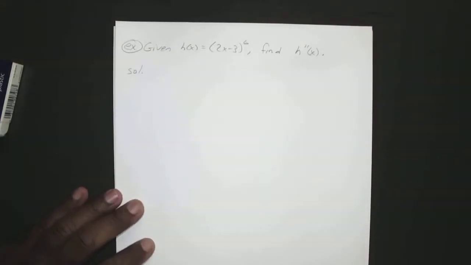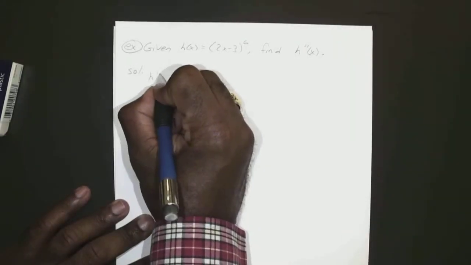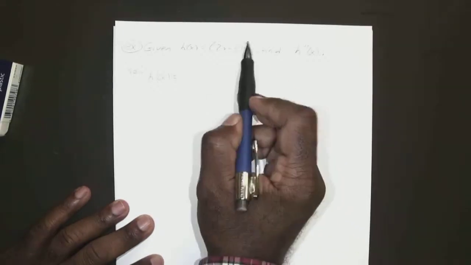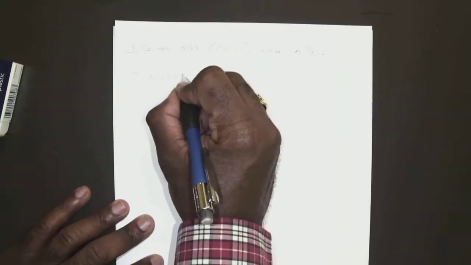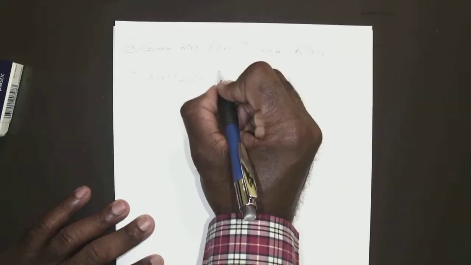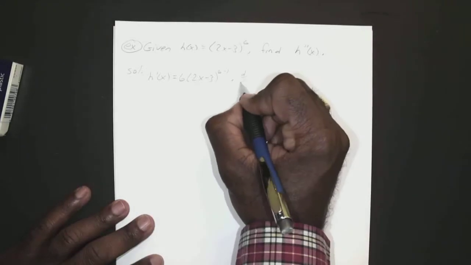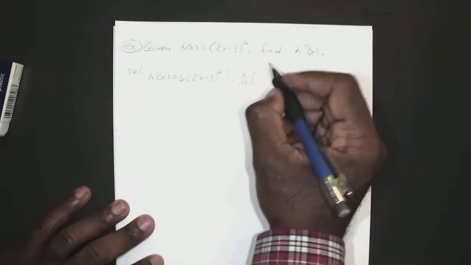The first thing you have to do is find our first derivative. So our h prime of x, we're going to bring that 6 down to the front and subtract 1. And we're going to multiply that by the derivative of what's inside.